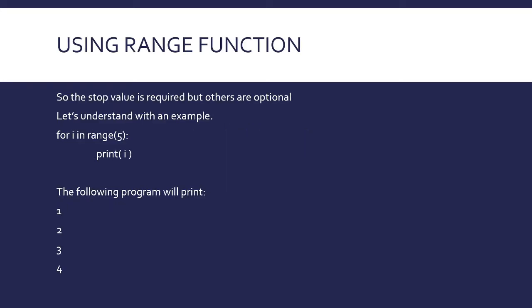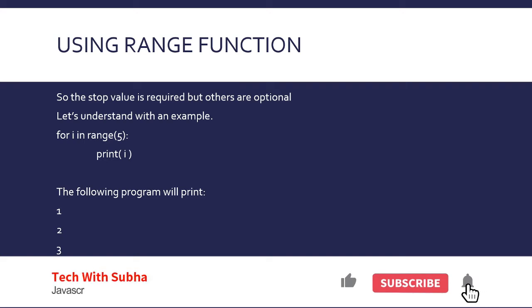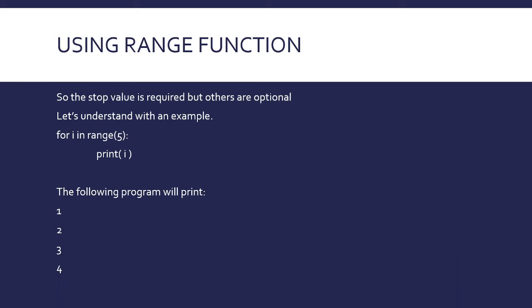If we see a simple example of a for loop using the range function, we can see for i in range 5, so this 5 is actually the stop value. The stop value is absolutely required whenever you declare a range function inside a for loop, but you can ignore the start value and the step value.